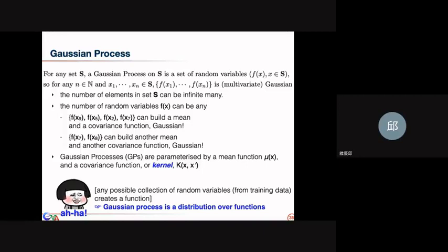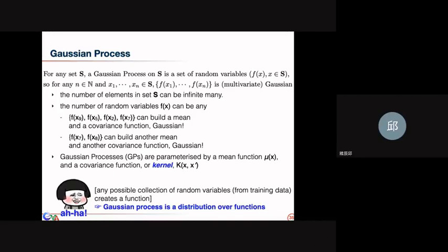Because any possible collection will give you a function. And you can have many different collections, and all those collections together will become a distribution over functions.